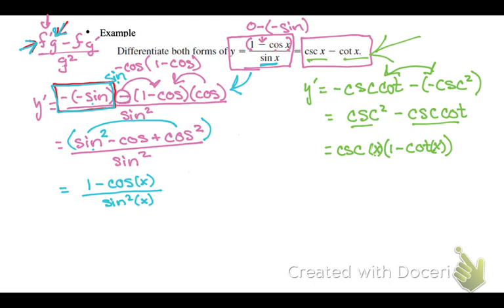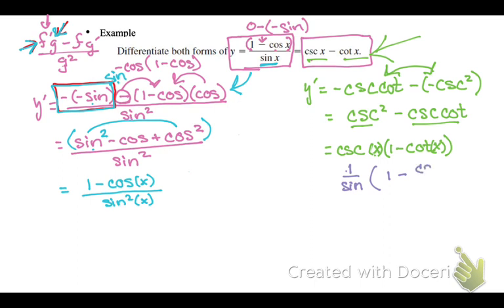Okay, so we found the derivative, yes? But they should equal the same thing, correct? If it says equal at the top, the derivative should equal also. Okay, so what is cosecant? Let me get a different color. 1 over sine. Okay, 1 over sine, and then 1, right? Minus, and what's cotangent?